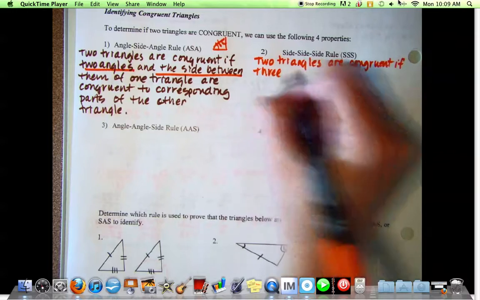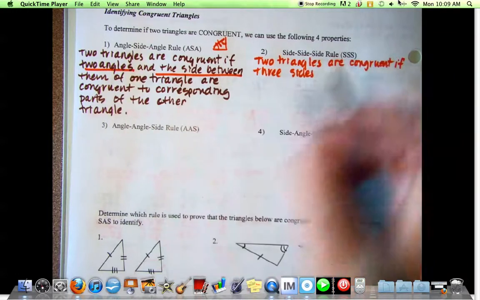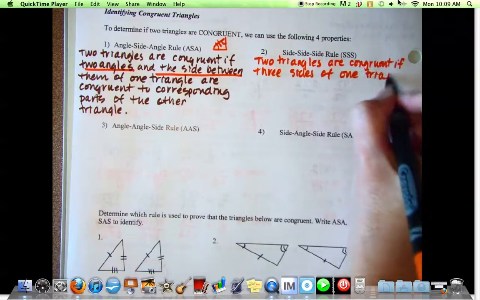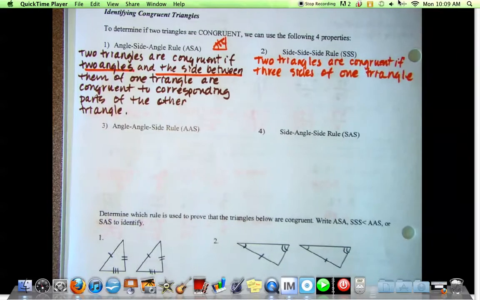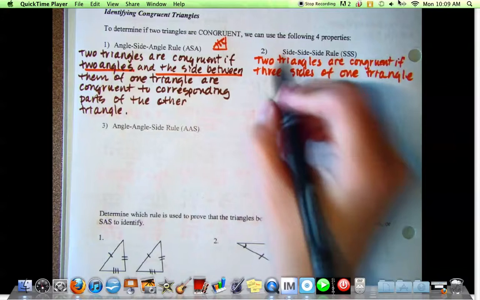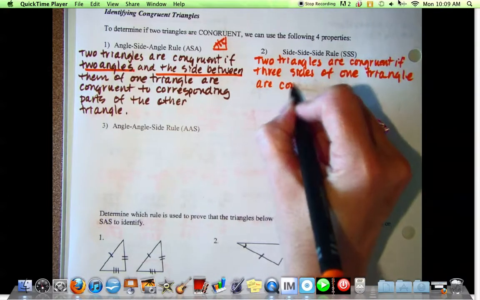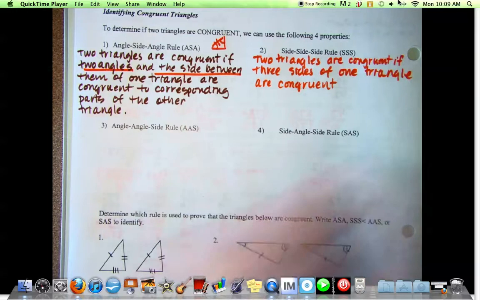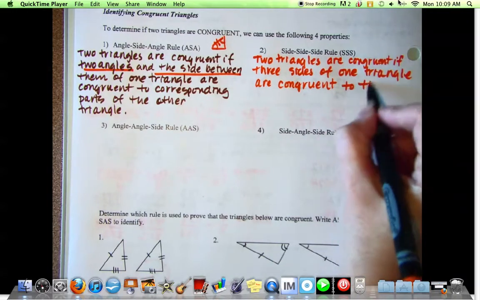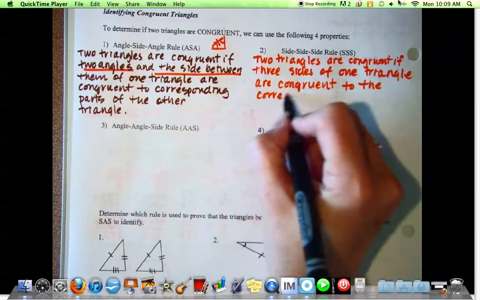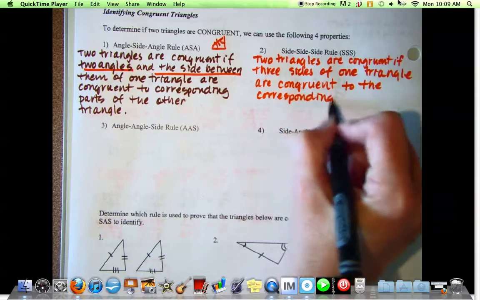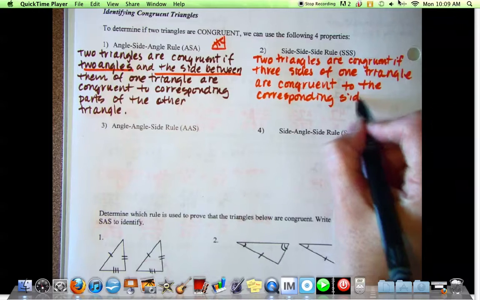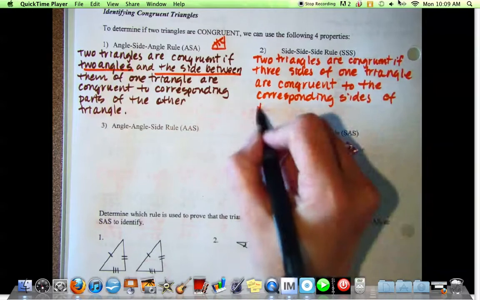If three sides of one triangle are congruent to the corresponding sides of the other triangle.